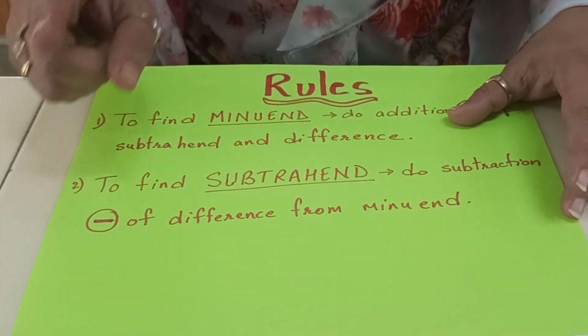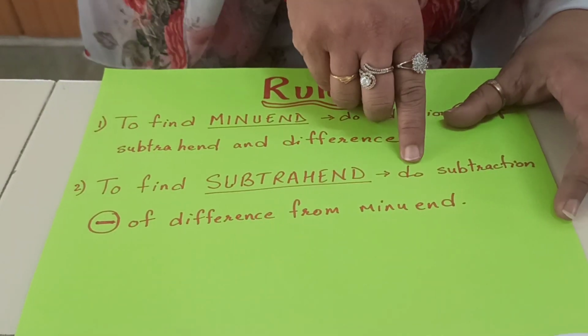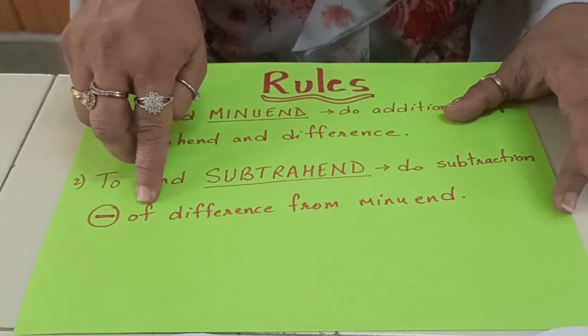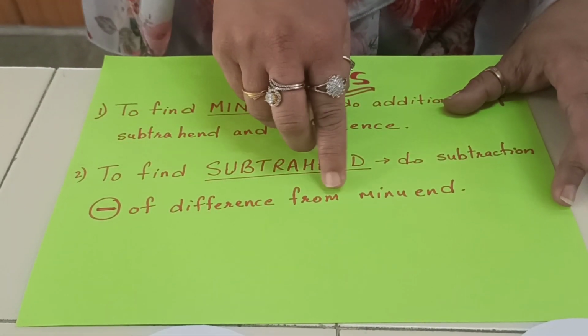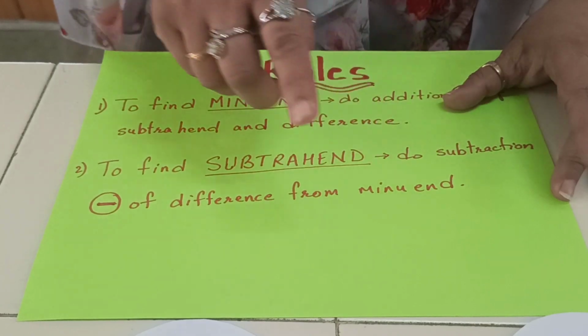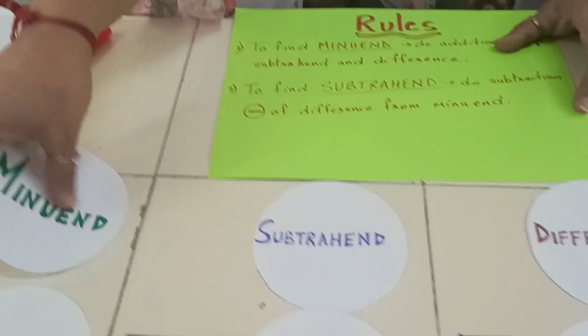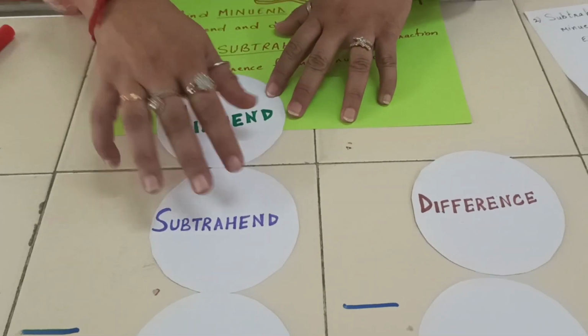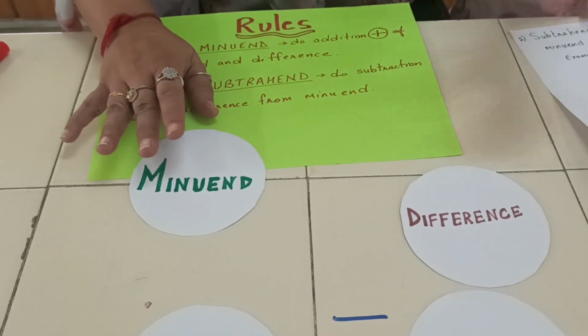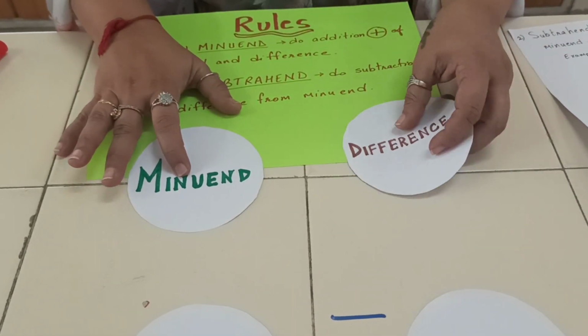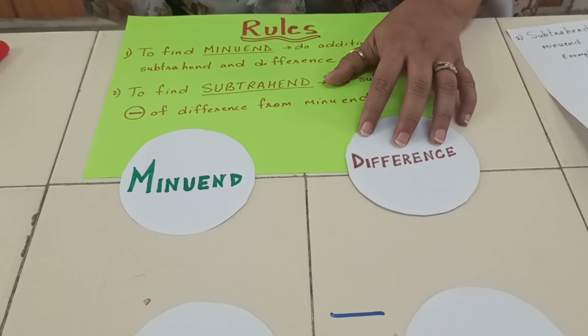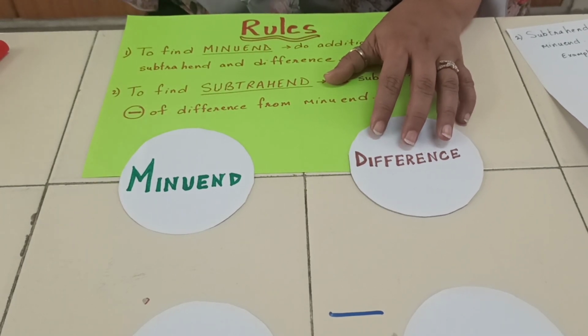The rule to find the subtrahend is to do subtraction of the difference from the minuend. As our minuend is a bigger number, we are going to take that first, and then the difference, and subtract.